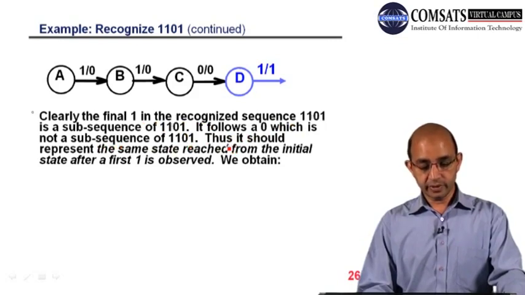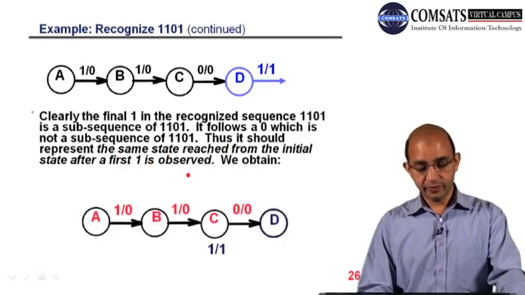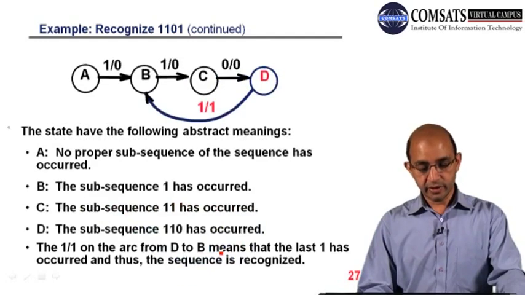So it should represent the same state reached from the initial state after a first 1 is observed. What we have, 1 1 here at C, and you can have another transition from D to B. So this is another transition, from D to B.